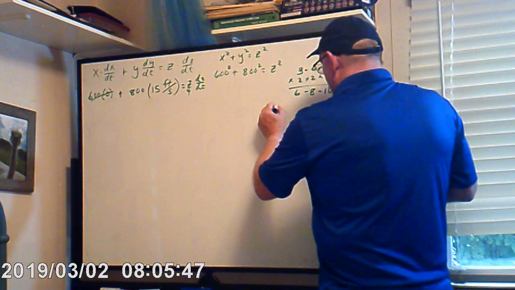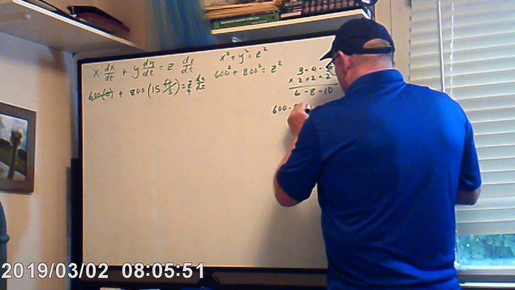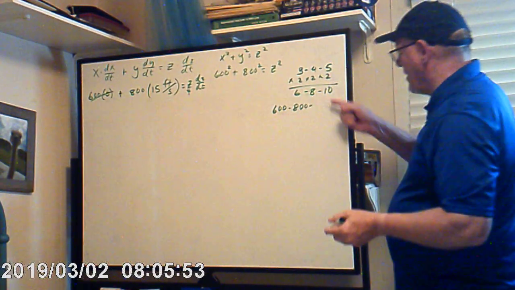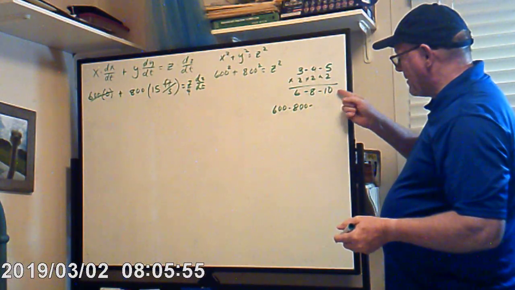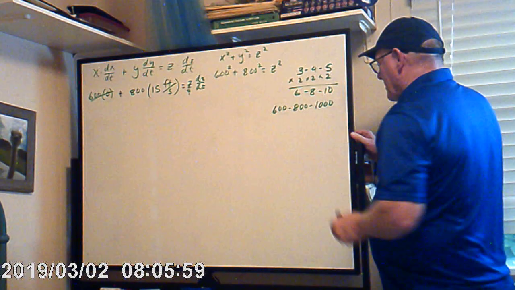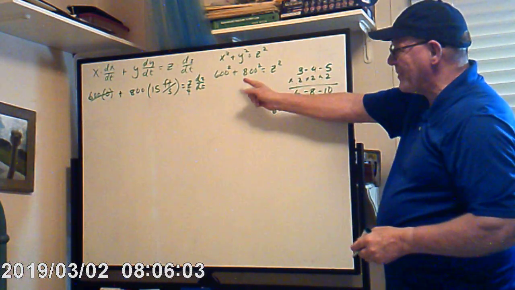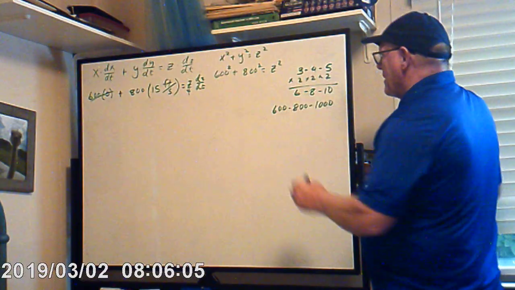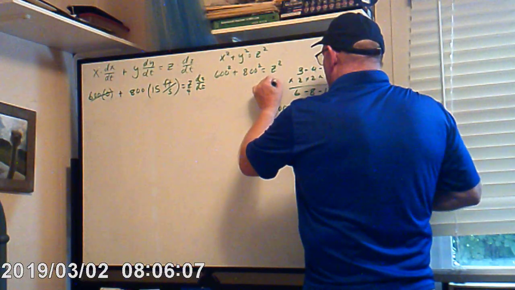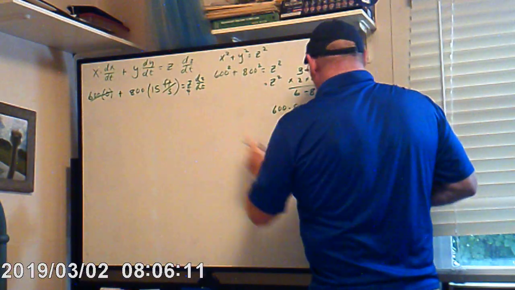So, if we make this 600, 800, then what do you think this is going to be? Just add 2 more zeros, right? So this is actually 1,000. We could do all the arithmetic here, but z squared, well, what would that be?